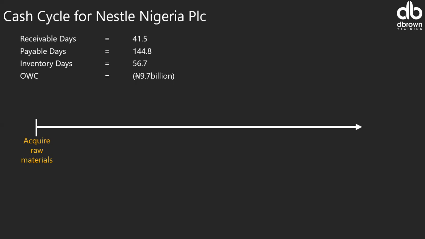So they collect the raw material on credit. Then they process it, put it on their shelf, and take it out to their distributor. From acquiring the raw material to delivering it to their distributor, it took them 56.7 days.